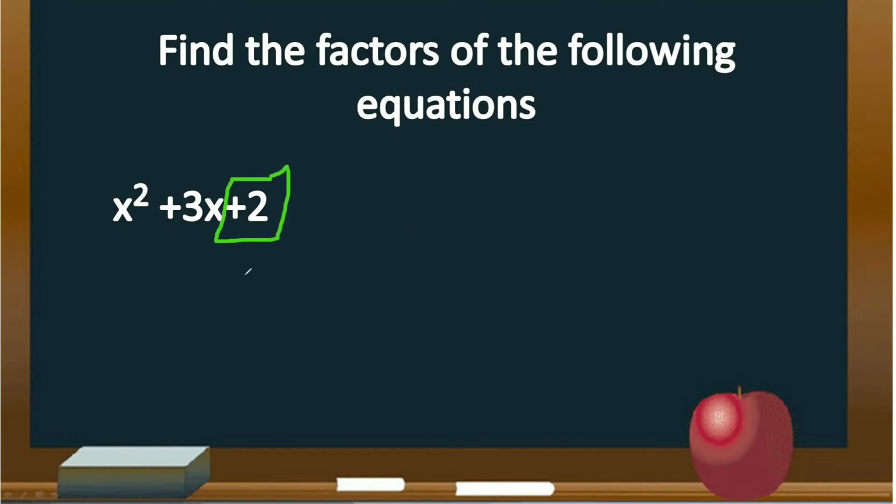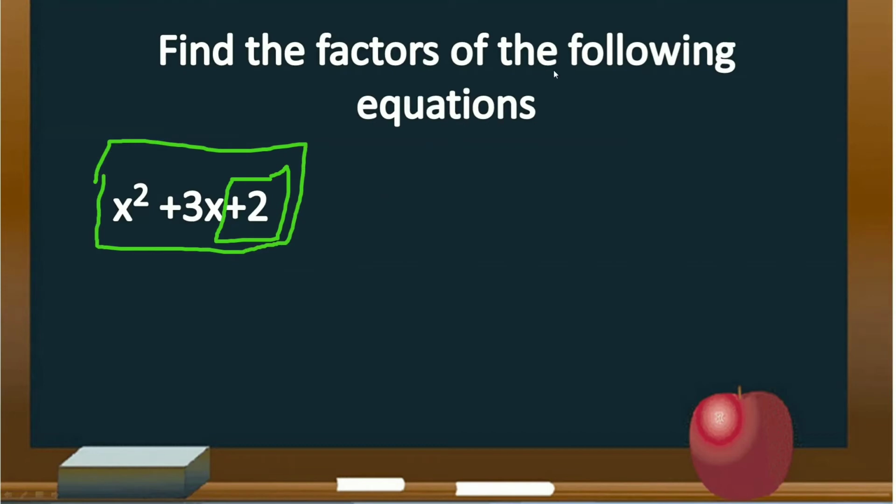Pag negative naman ang last term, the two factors that we're looking for have different sign. Meaning, isa sa kanila ay positive, isa sa kanila ay negative. And third clue, pag wala kayong nakikitang negative sign sa equation, ibig sabihin, yung mga factors na hinahanap natin ay puro positive din. Kasi walang negative sa equation.